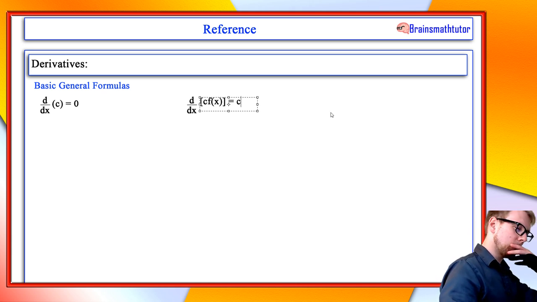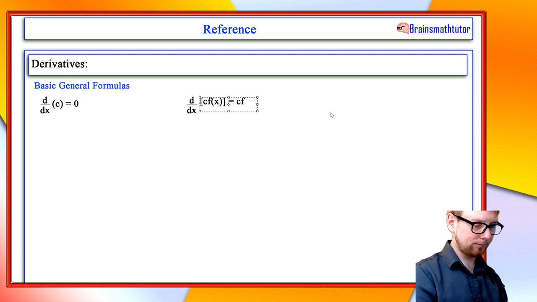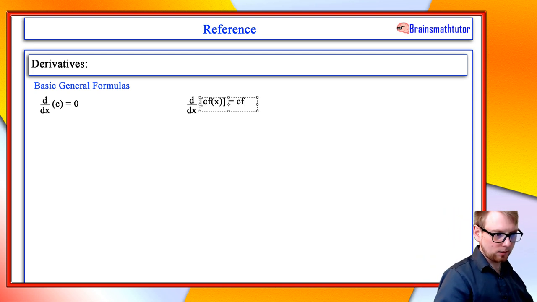Do I want to do d by dx or do I want to do prime? I think prime. Slightly nicer.